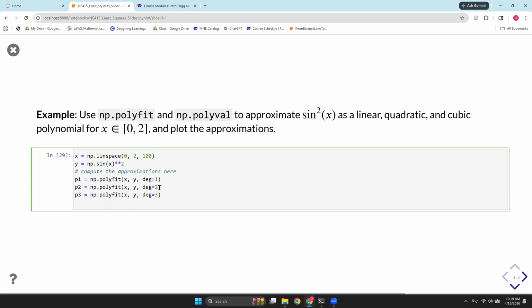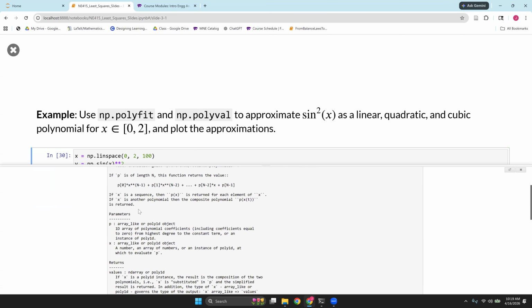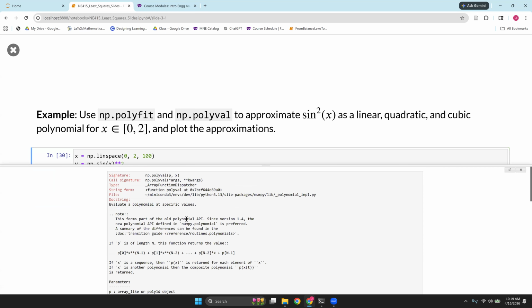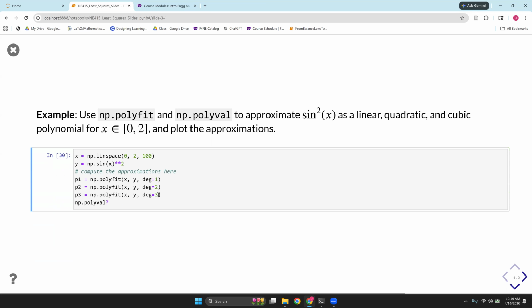Now, we know what the coefficients are, so we could reconstruct the solution ourselves, just using those 3 or 2 elements of the P. But there's also this nice function called polyval, which lets us evaluate the polynomial at any new value of x or even the old ones, right? So if I do polyval, what it'll take in is the parameters P that we just computed, and then the x values at which we want to evaluate the new polynomial.